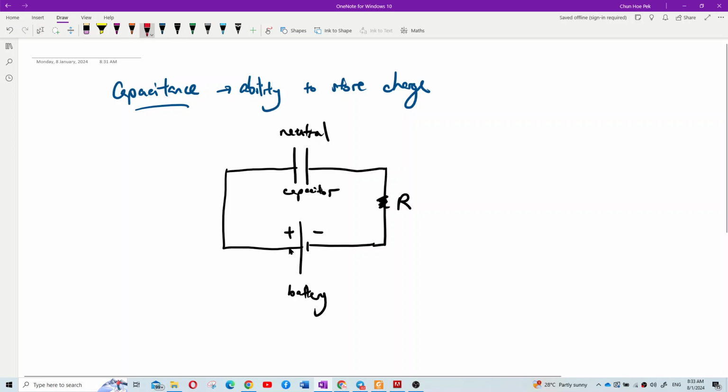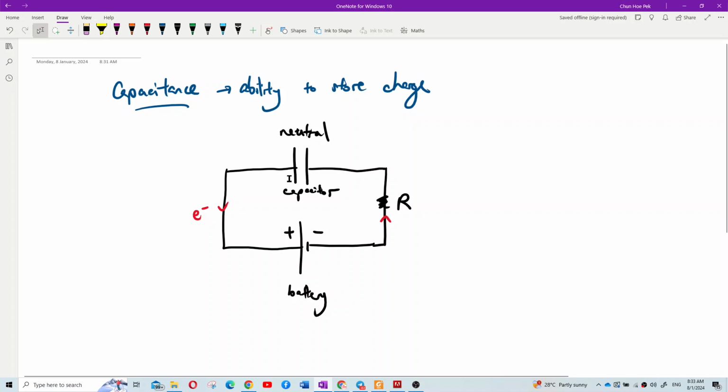Now, once you connect the capacitor to a battery, the charge will flow. How will it flow?